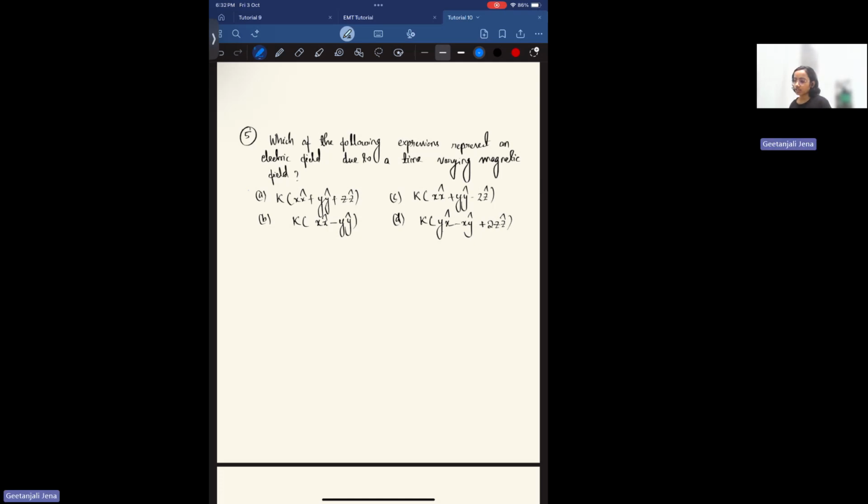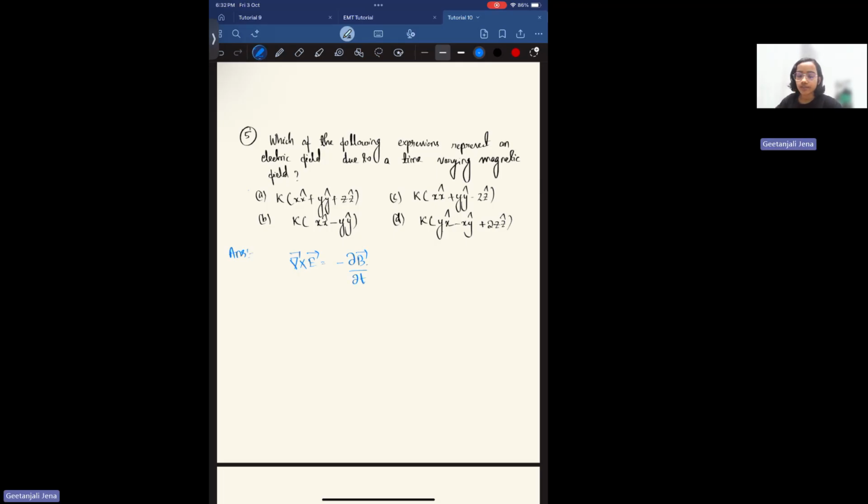For this, the magnetic field is changing with respect to time, right? So if you recall Maxwell's third equation, that is Faraday's law, curl of E is minus dou B by dou t.